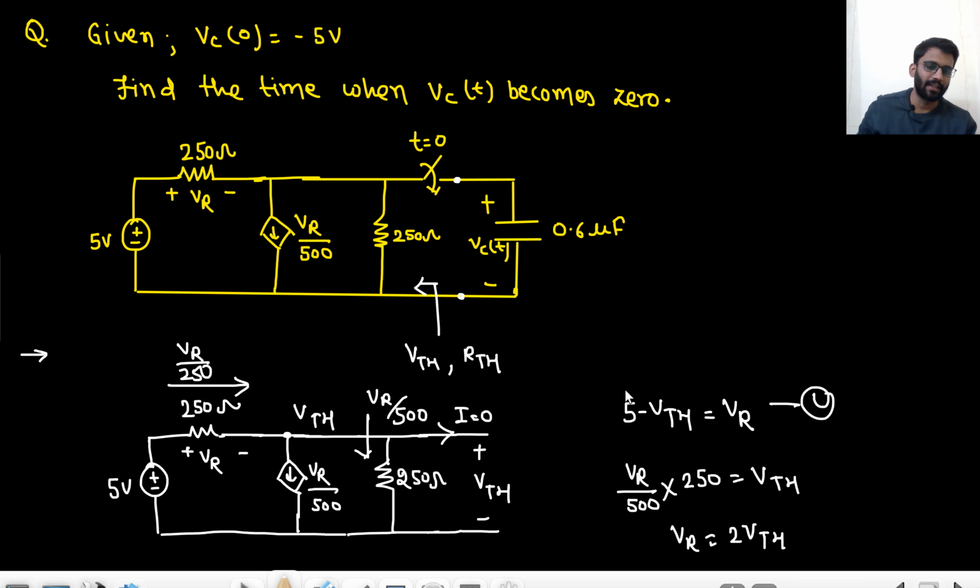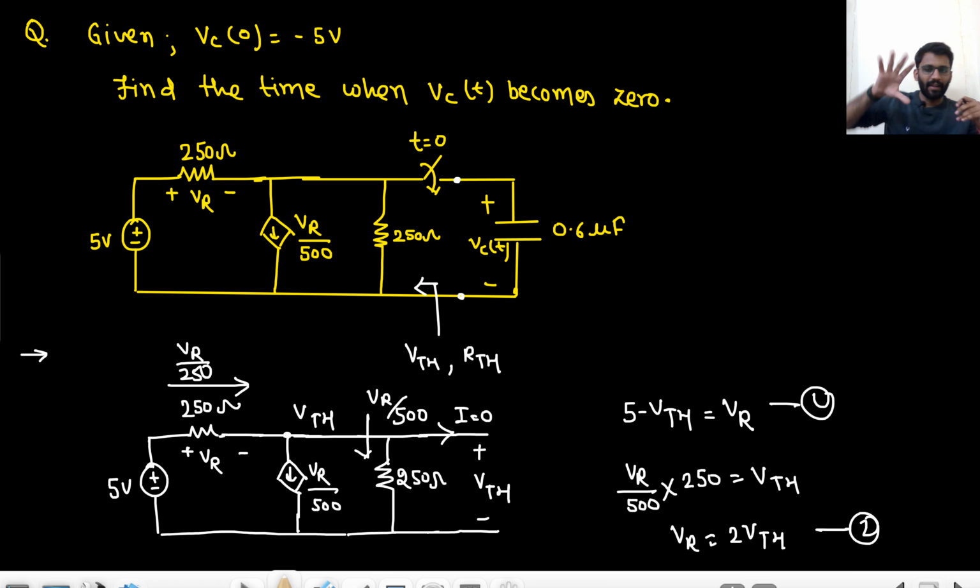Now you can replace VR using equations 1 and 2. If you are comfortable with the basics of network analysis, then you can solve those questions very quickly. When I solved this problem first, I just saw VR by 250, VR by 500 here, so VR by 500 would be going here.